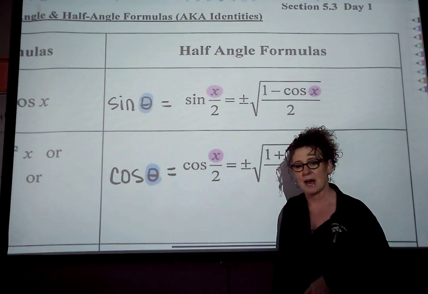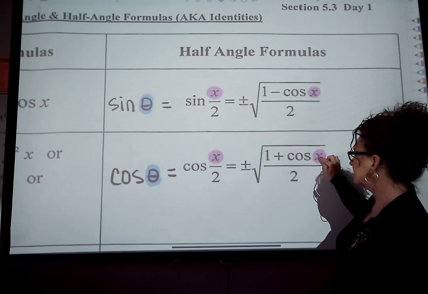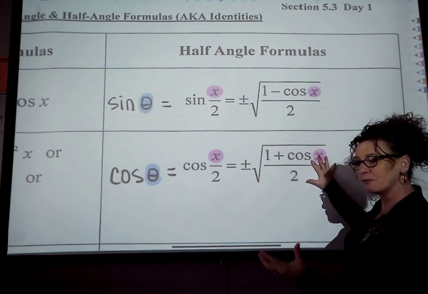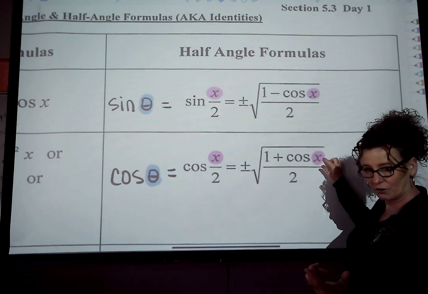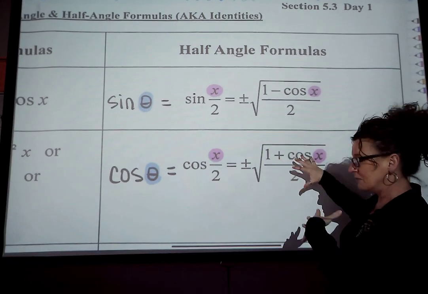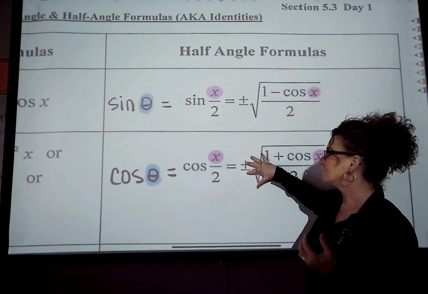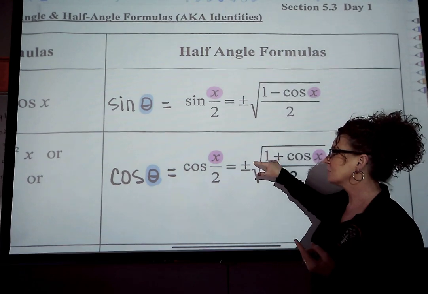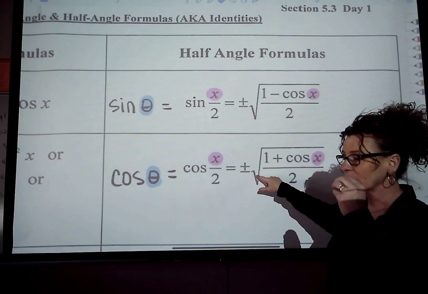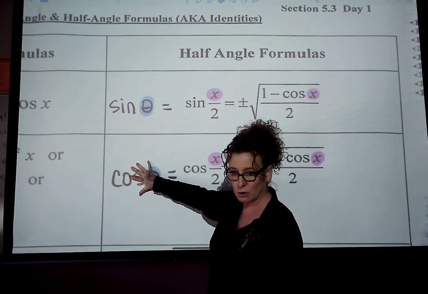And I'll show you how to do that. When we use this formula, notice that the angle that we're using throughout the formula is a common angle. And it's going to be up to us after we finish the problem, we're getting ready to circle our answer, to choose, do we want to use the positive root or the negative root to represent our final answer, which is going to be a cosine fraction.